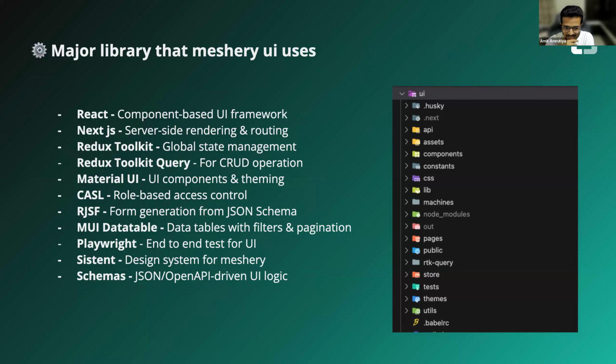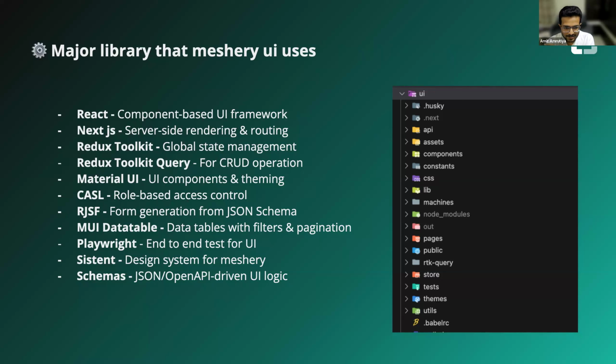Next was RJSF. In our UI, we have a lot of forms, so RJSF makes it easy to create a form. We just have to make a JSON schema and a UI schema, and it shows the form in the UI. In some places, we use the Material UI form as well as the RJSF form.